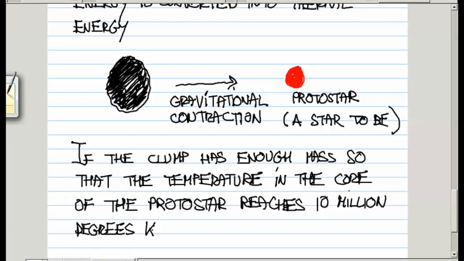A degree Kelvin is another unit for measuring the temperature. Basically, 0 Kelvin corresponds to minus 273.16 degrees Celsius, right? Or Celsius 0 corresponds to 273.16 Kelvin.